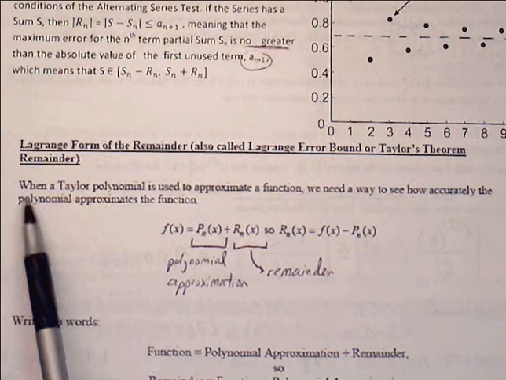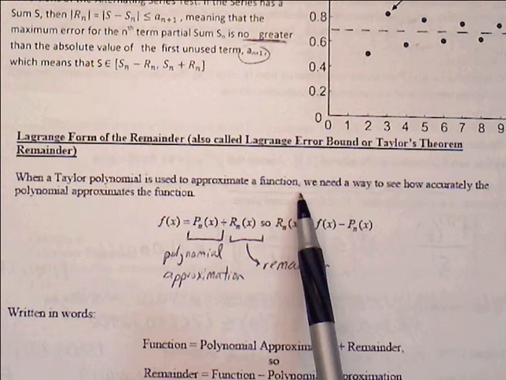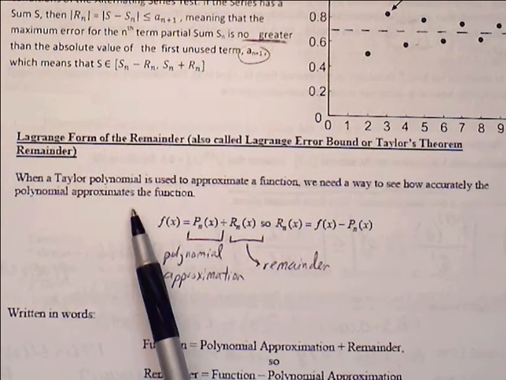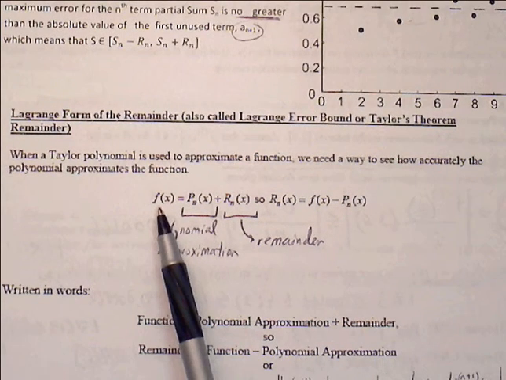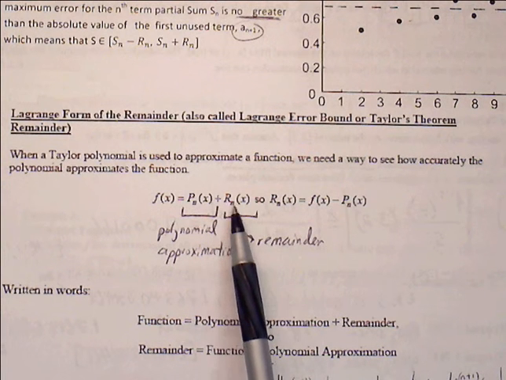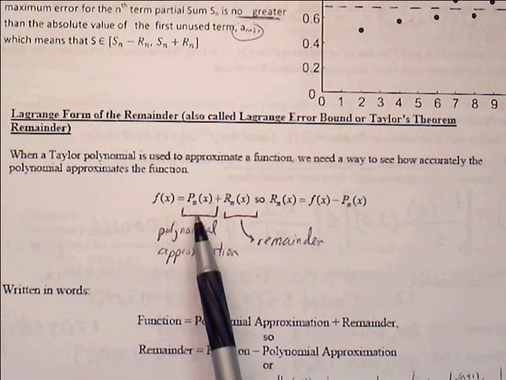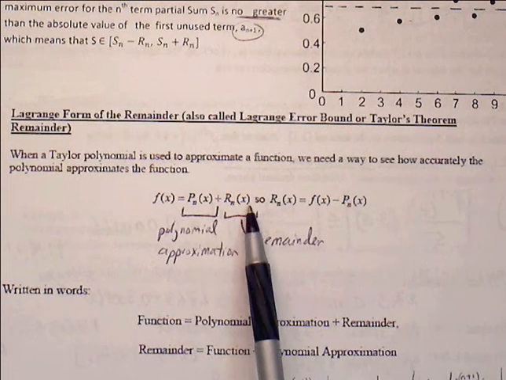When a Taylor polynomial is used to approximate a function, we need to find a way to see how accurately that polynomial approximates the function. So let's say a function is simply the polynomial approximation plus however much off that polynomial is from the actual function, which is represented by this remainder.